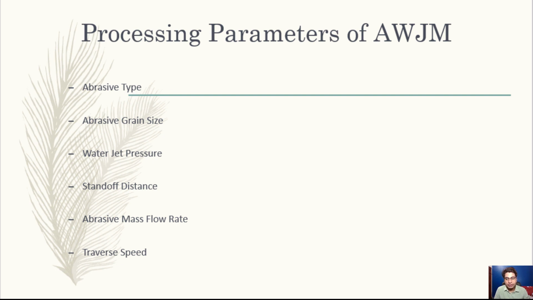If we look closely, the effect of processing parameters of abrasive water jet machining is similar to that of the abrasive jet machining process. Similar characteristics of graphs are obtained in both processes, and you may go to abrasive jet machining if you like and get a reflection of that.